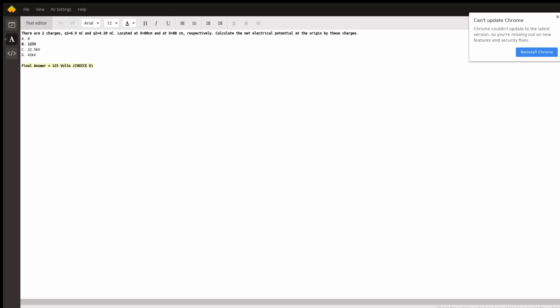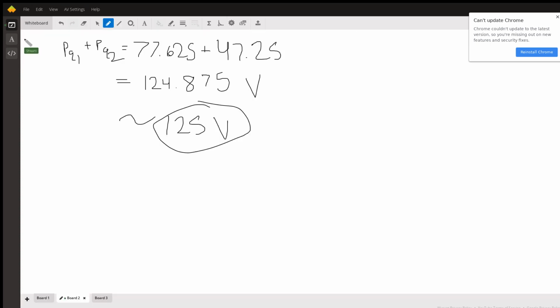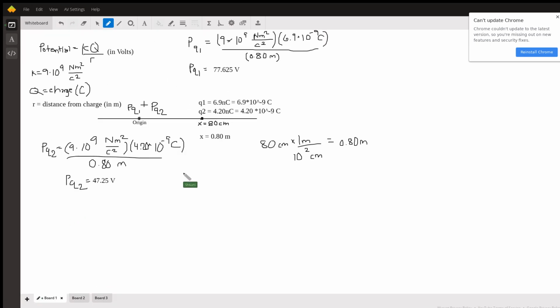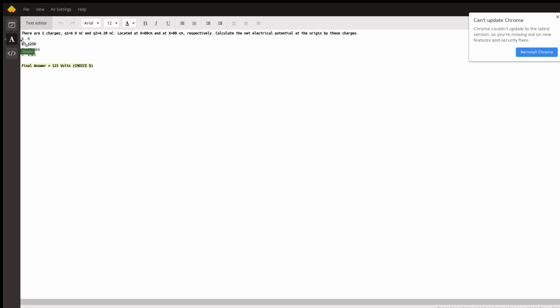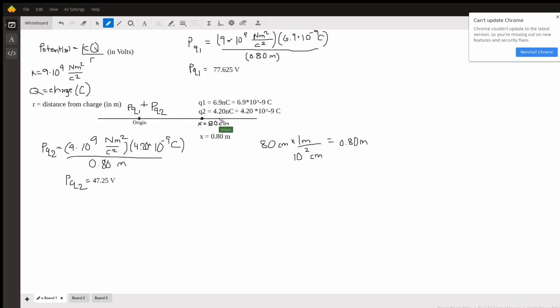All right, so before we finalize it, let's just quickly check our work. I always like to check the work before I finalize an answer. So we have two charges, 6.9 and 4.2 nanocoulombs. They're both at 80 centimeters from the origin. So the total potential at the origin caused by these charges would be the sum of the potentials of the two charges.